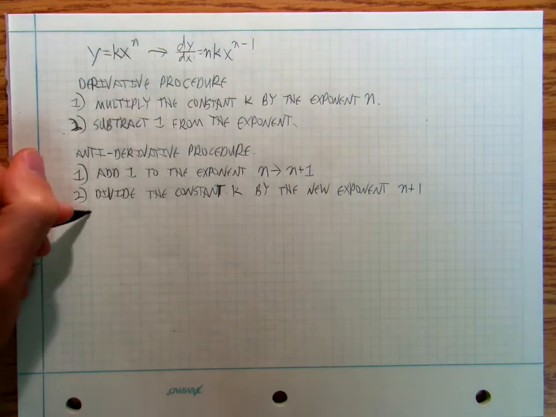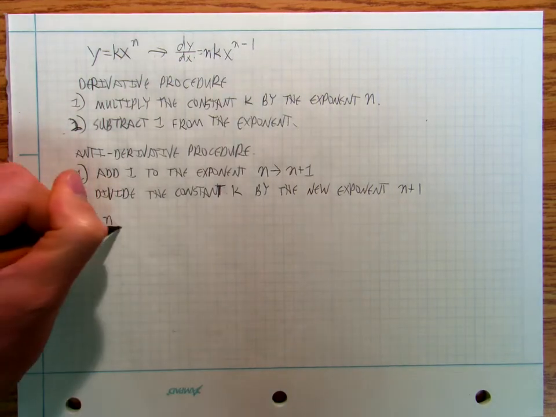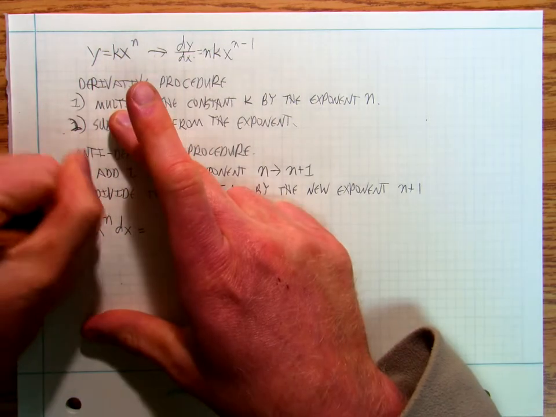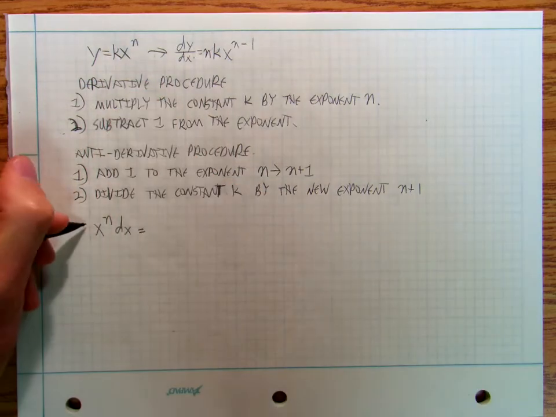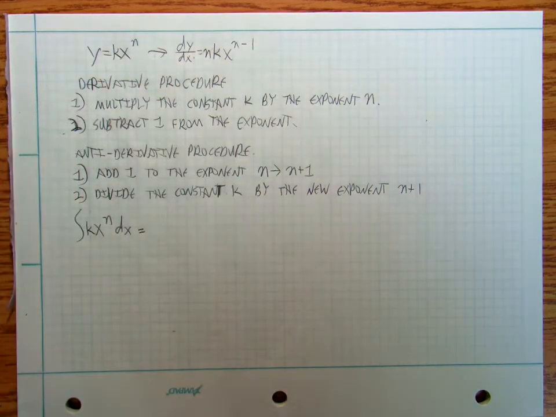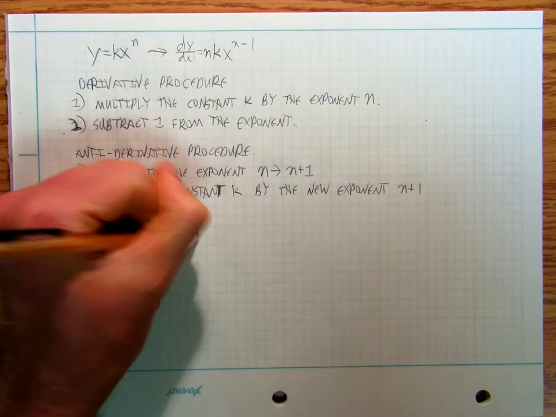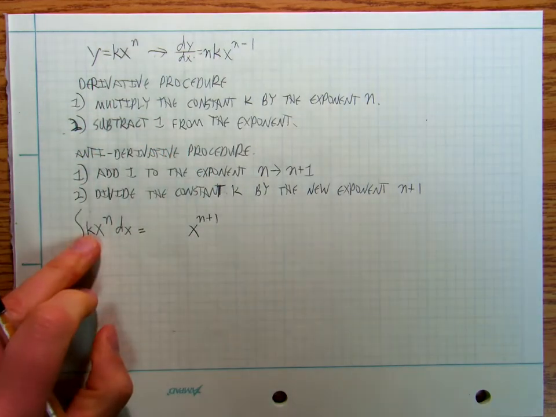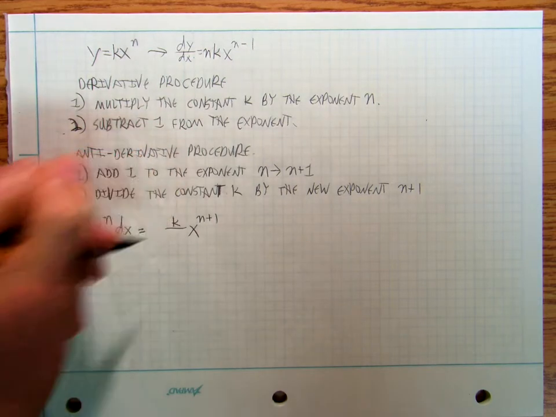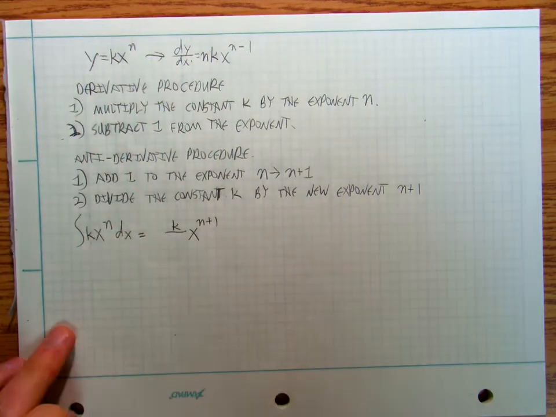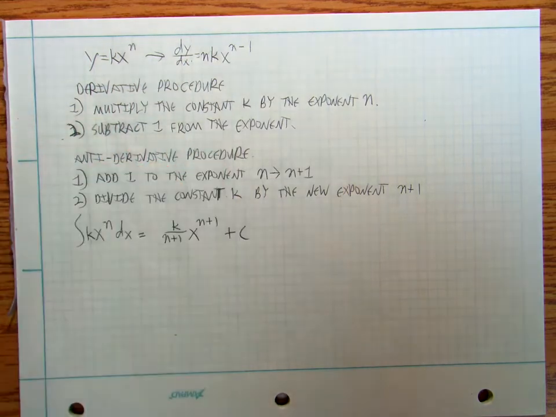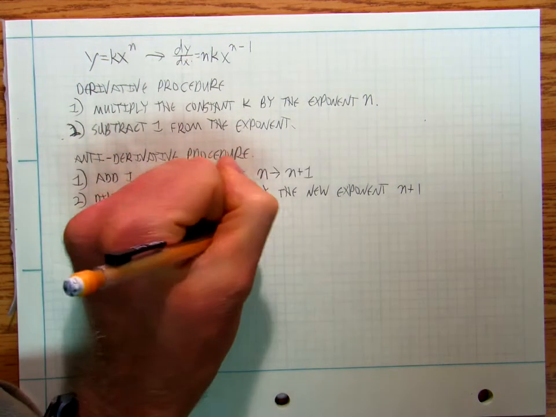So what's that going to give me as a formula? The integral of x to the n dx is going to be k, let me remember my k, x to the n plus 1, with the constant k divided by that new exponent, and I have to add c.